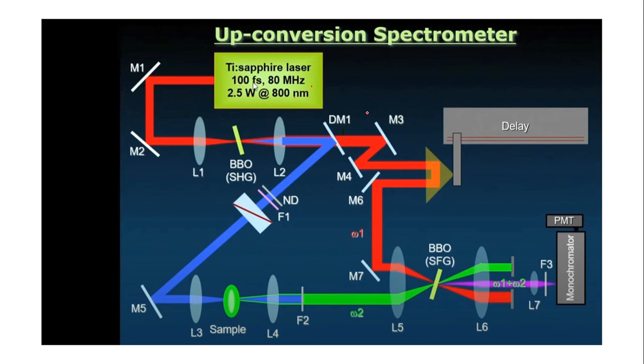As we discussed earlier about the value of femtosecond: a picosecond is 10 to the power minus 12 of a second, and a femtosecond is 10 to the power minus 15 part of a second.